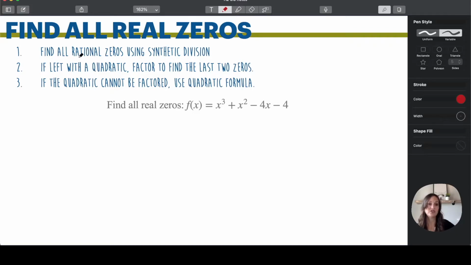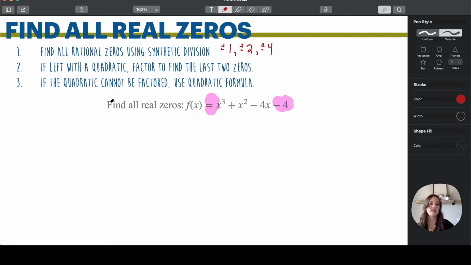And so here's what you do. First, we're going to figure out what are the possible rational zeros. So first thing we do is take the constant divided by the coefficient. Now the leading coefficient is 1, so therefore we really only have to deal with the factors of our constant, which is going to be 1, 2, and 4.